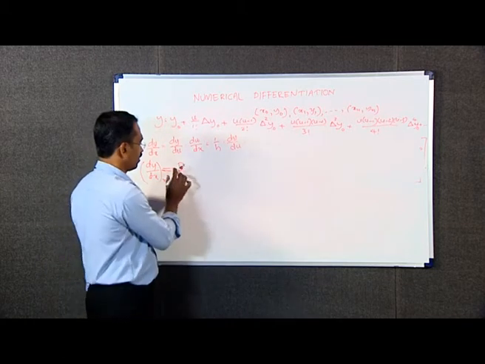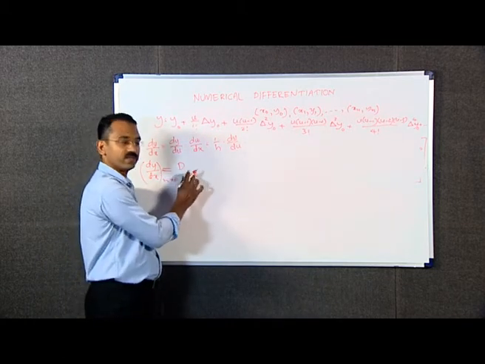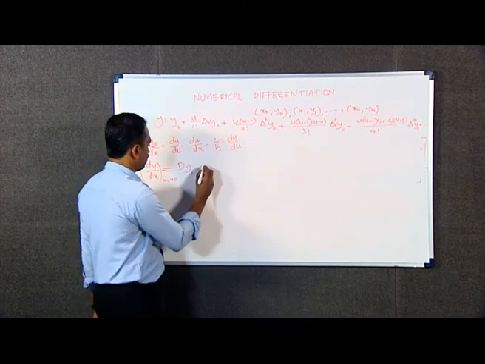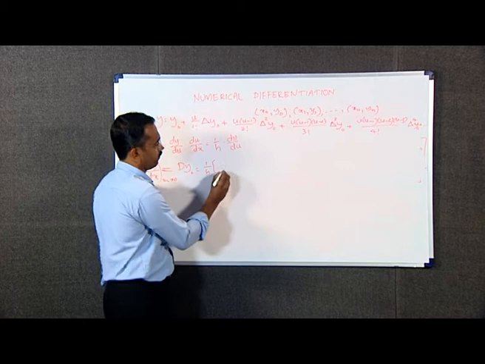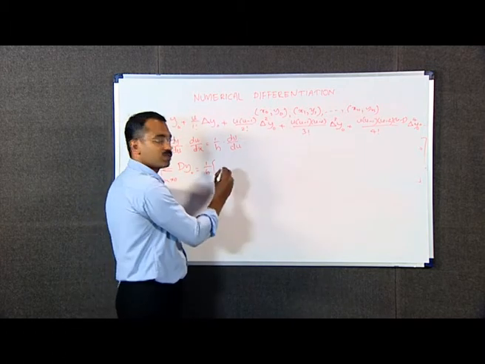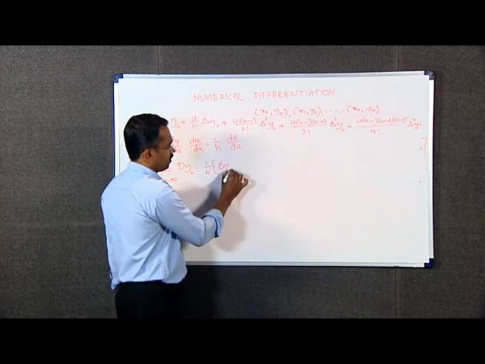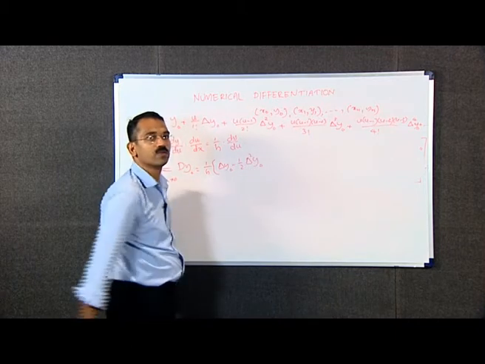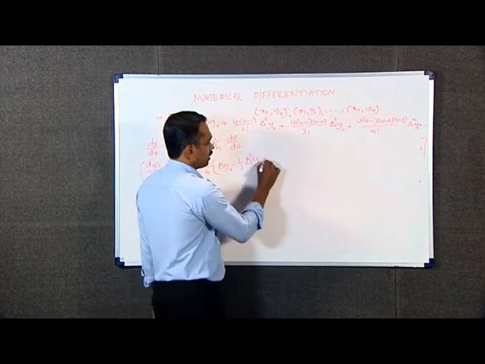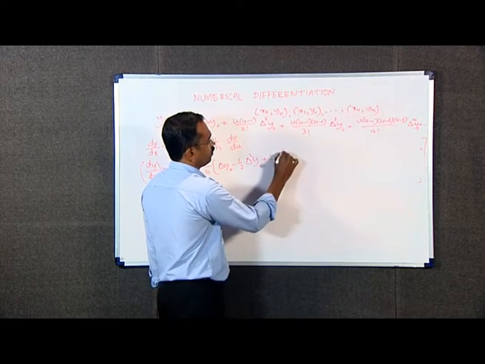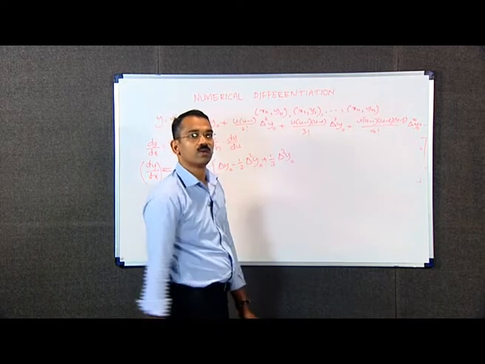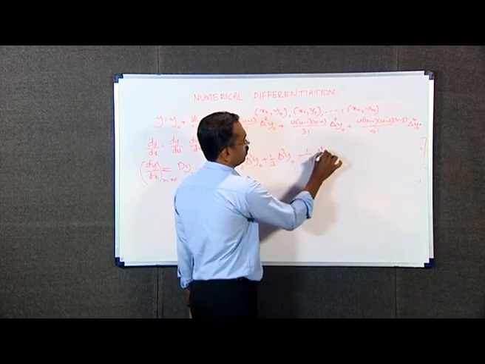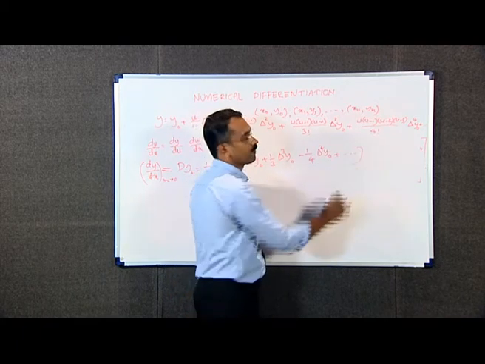The symbol of differential operator is capital D. D y naught is equal to 1 by h into delta y naught minus 1 by 2 delta square y naught plus 1 by 3 delta cube y naught. Next is minus 1 by 4 delta raised to 4 y naught plus etc.